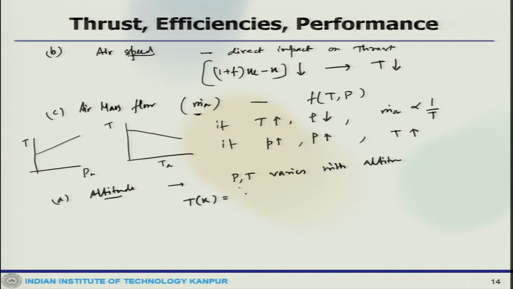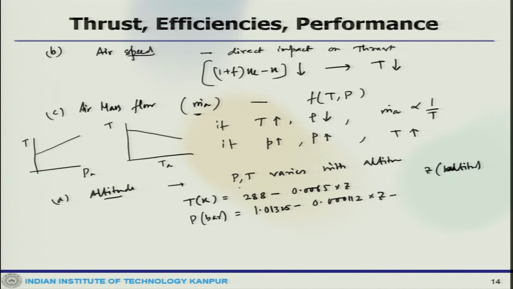Temperature with the altitude changes like 0.0065 times z, where z is the height or altitude, and pressure in bar changes like 1.01325 minus 0.0000112 times z plus 3.8 e to the power minus 9 times z squared.